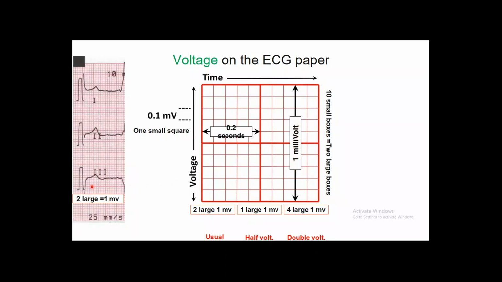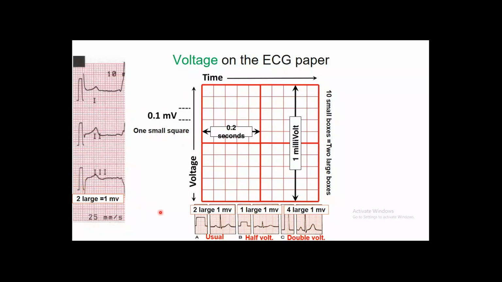The ECG machine prints this calibration at the start of each ECG lead. This calibration height is about 2 large squares. This is the ECG machine telling us that each 2 large squares of the ECG paper equal 1 millivolt. So the height of the calibration equals 1 millivolt.